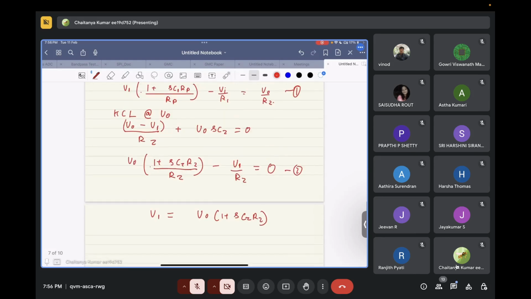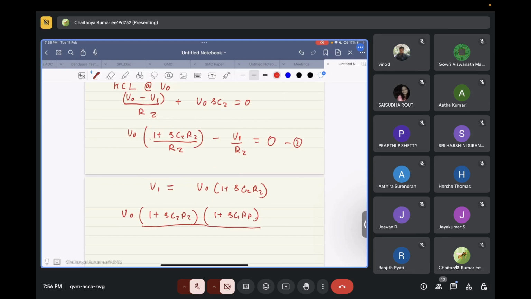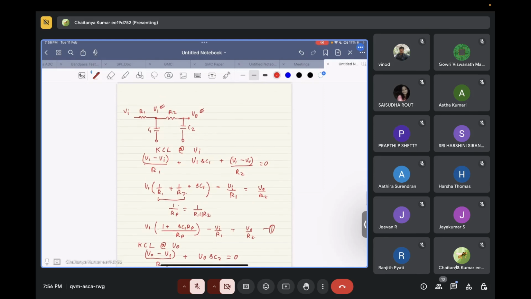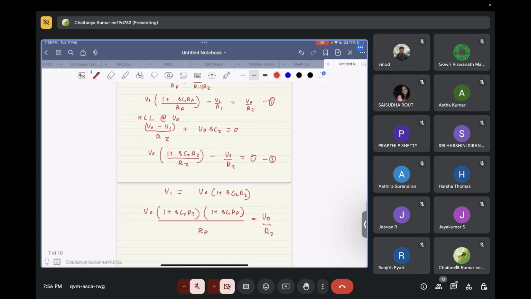What you get over here is V0 times (1 plus sC2R2) times (1 plus sC1RP) divided by RP, minus V0 by R2, is equal to Vi by R1.